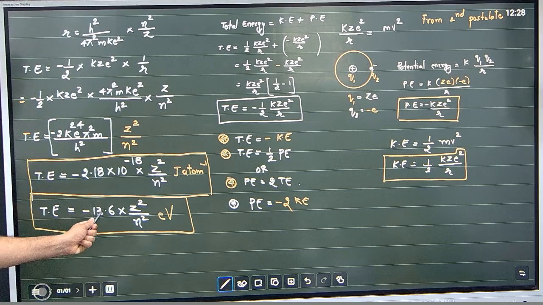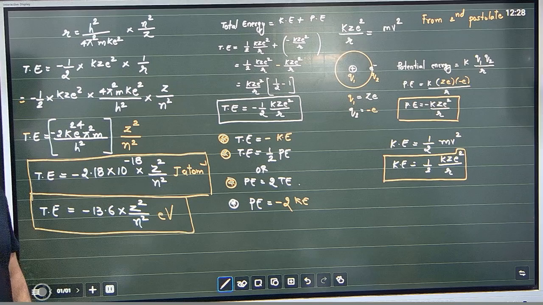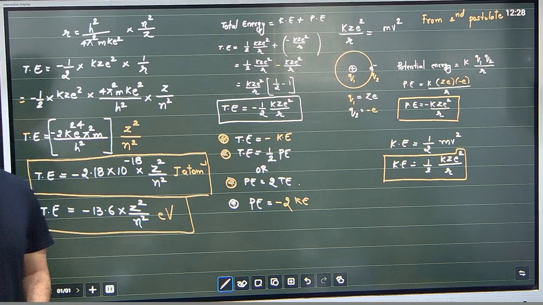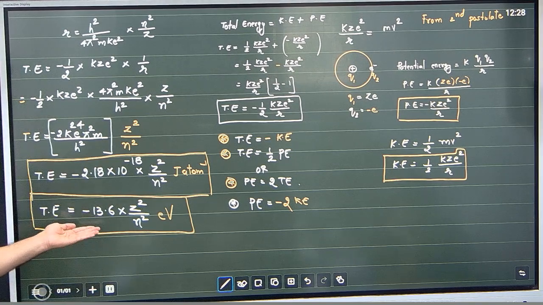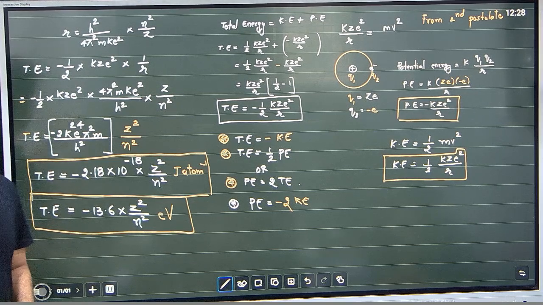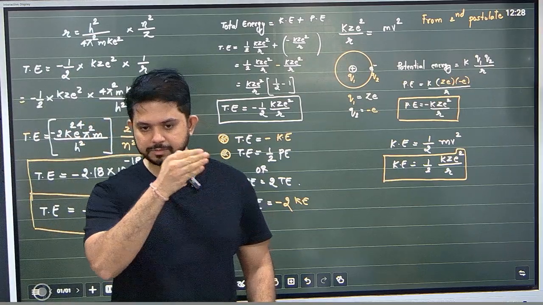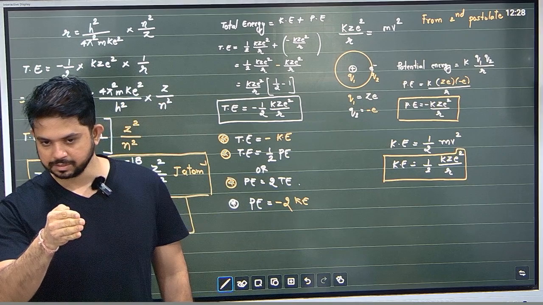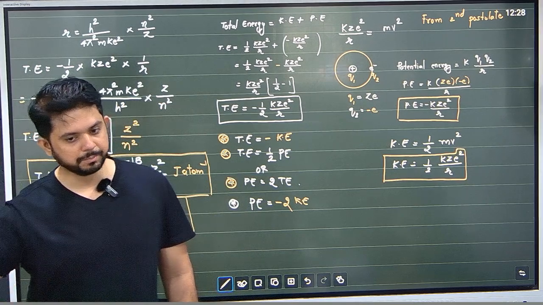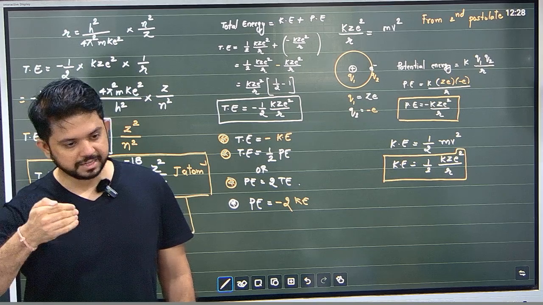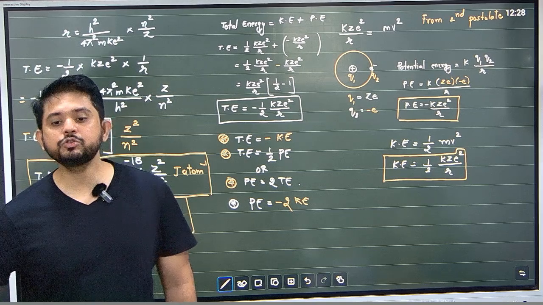Minus 13.6 into 1 square by 4. How much will that be? Minus 13.6 by 4, that is approximately minus 3.4. Third orbit. So can I say the value starts from minus 13.6, then it is becoming negative 3.4, then it is becoming negative 1.5, it is decreasing.